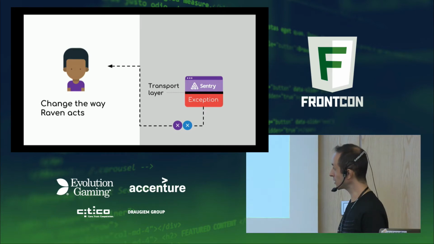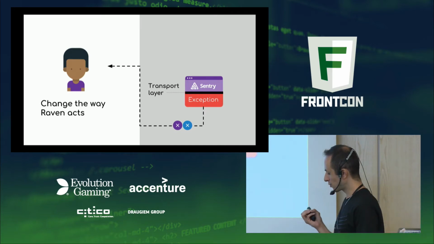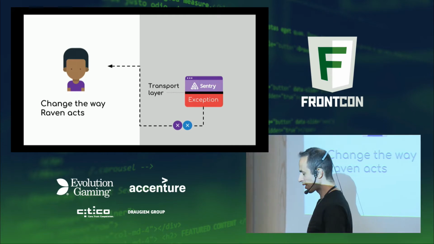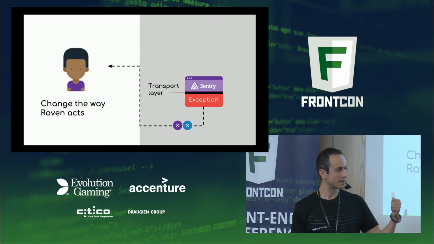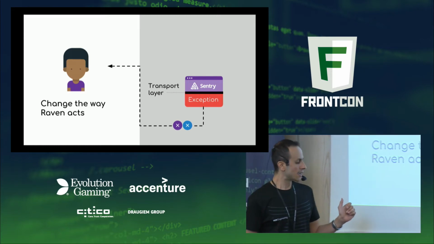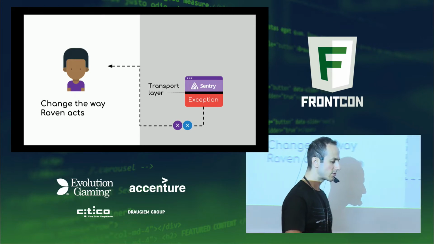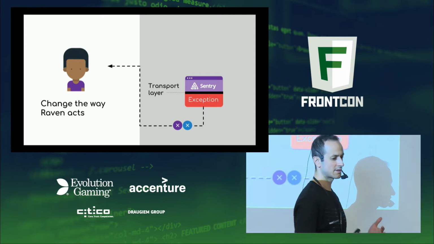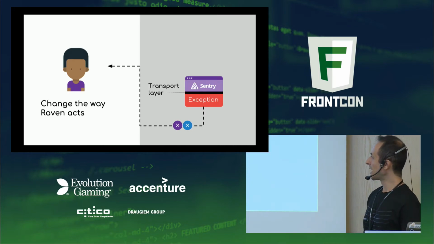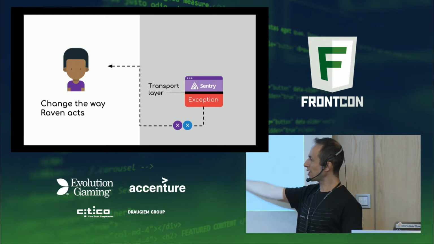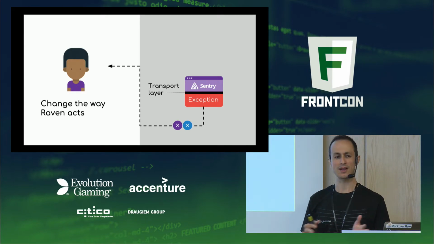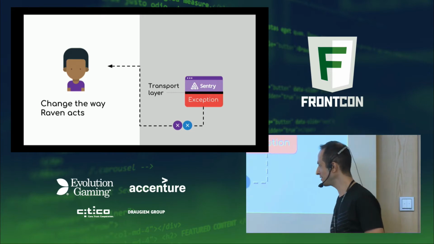So we started to look for a way in Raven, which is, by the way, Sentry's JavaScript SDK, to operate their thing under the hood. And finally, we found a transport layer that can actually be set by a normal API of Raven.